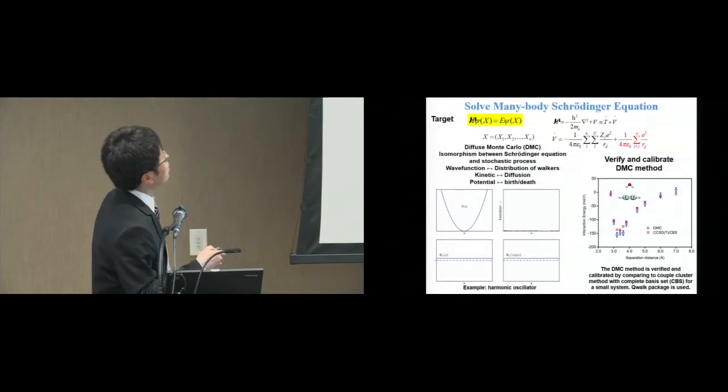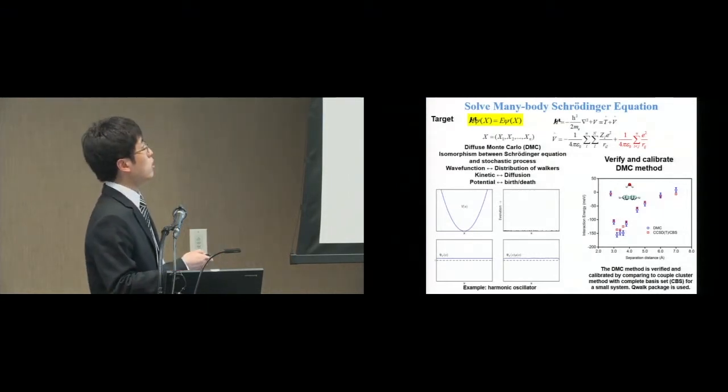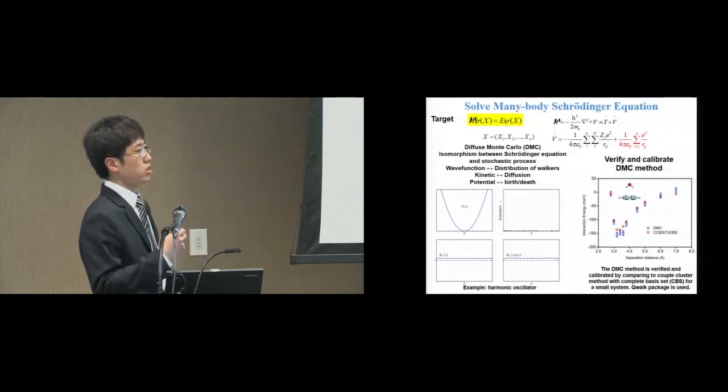And this H hat here, I don't know why it's not displayed properly, is the Hamiltonian operator. It is composed of the kinetic energies of the electrons, the interaction between electrons and nuclei, and the interaction between electrons.